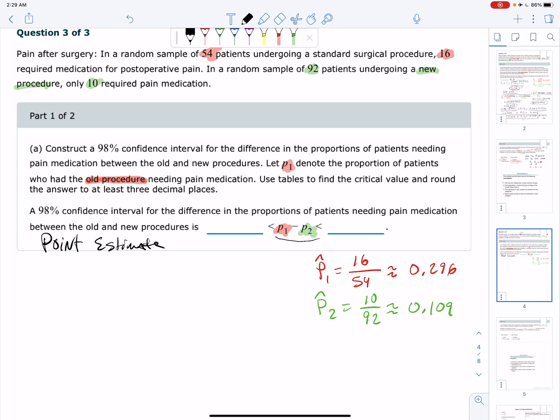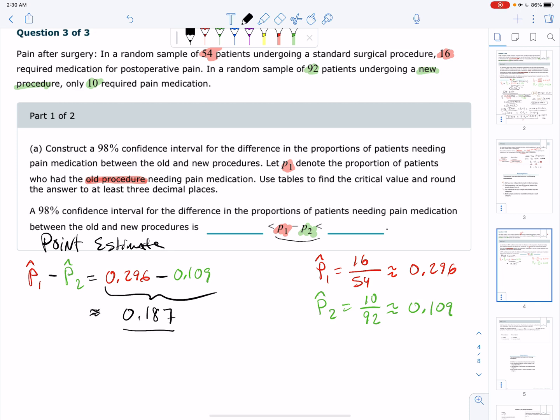So we start with p hat sub 1 minus p hat sub 2. p hat sub 1 is approximately 0.296 and p hat sub 2 is approximately 0.109. When we subtract the two, we get approximately 0.187. This is our point estimate, very important.